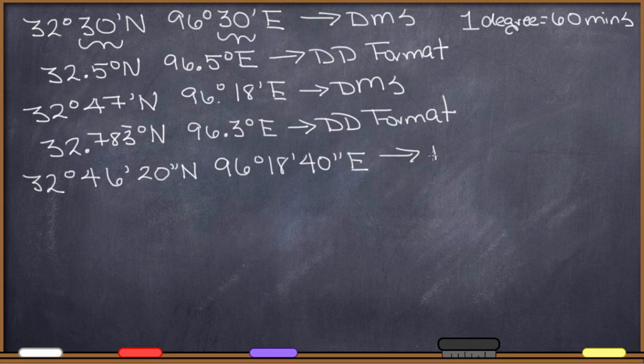This is degrees, minutes, seconds format. And not only, of course, does 1 degree equal 60 minutes, but 1 minute is equal to 60 seconds.